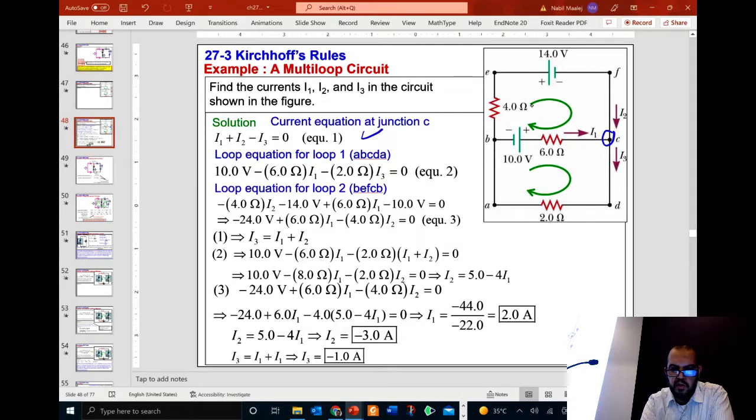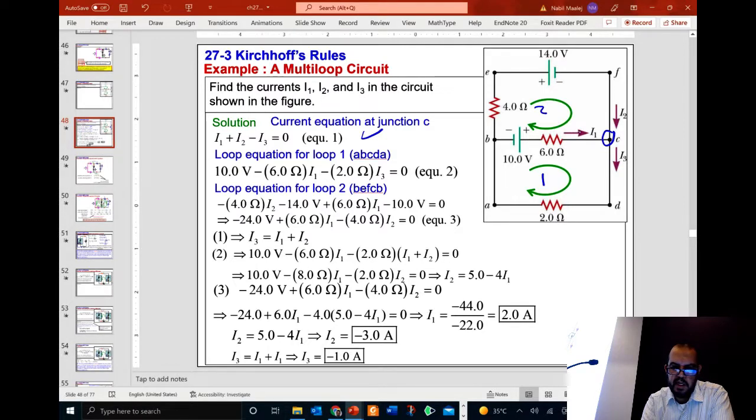Last time we also wrote the loop equation, and here we chose to go in the clockwise direction. So loop 1: we go through the battery, through the negative terminal, so it's plus 10 volts.